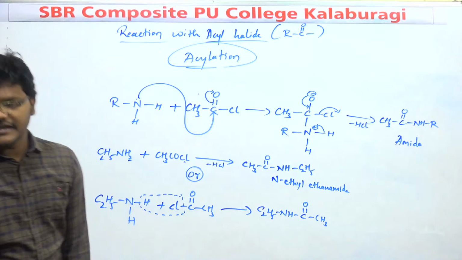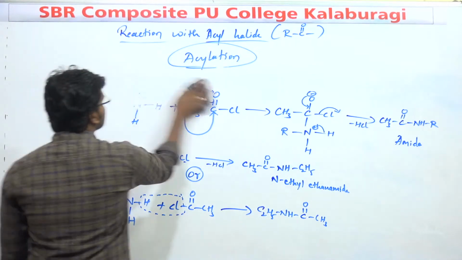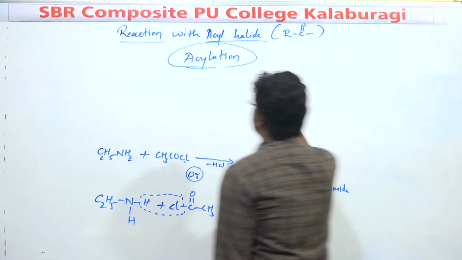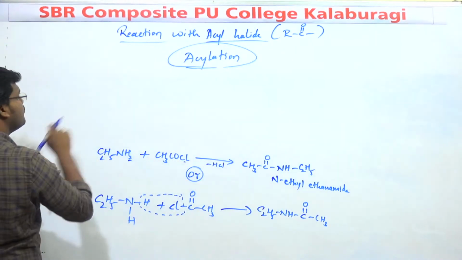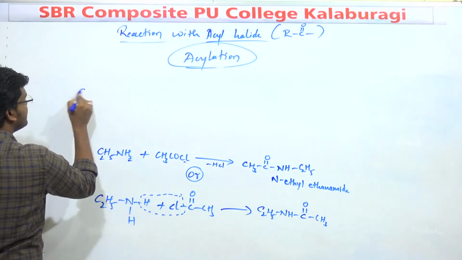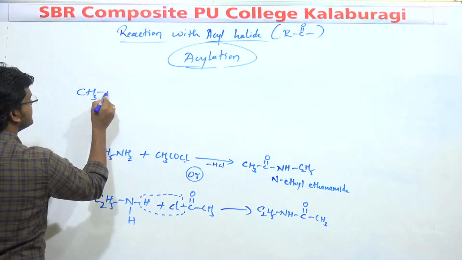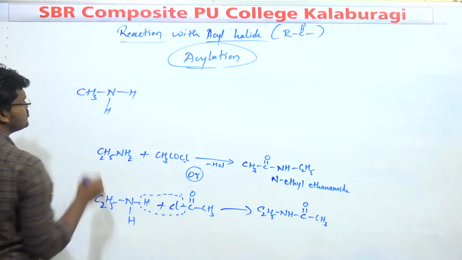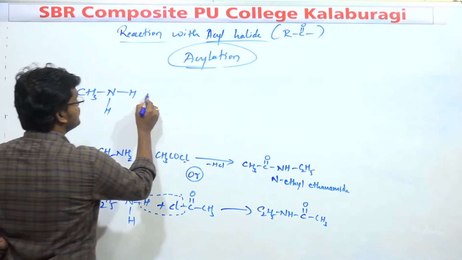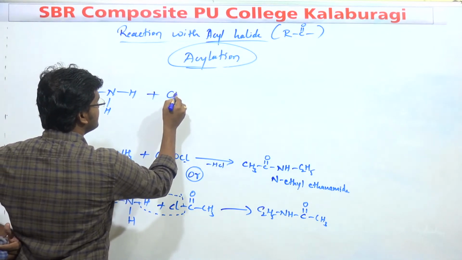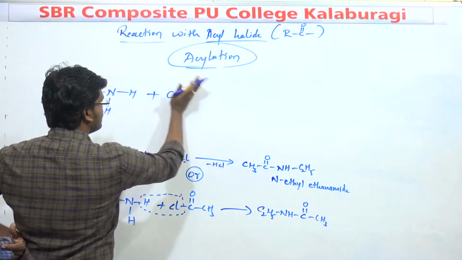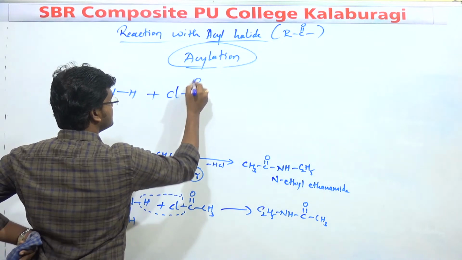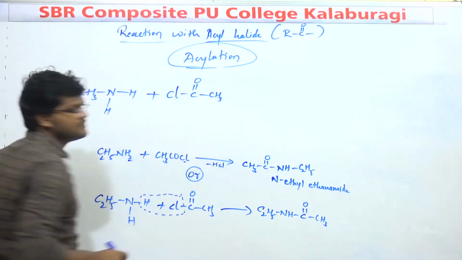Clear? So let's take another example, an easier example so that it will be easier for you to understand. Both alkyl groups are the same this time. I am having CH3NH2 made to react with Cl, CO, CH3.